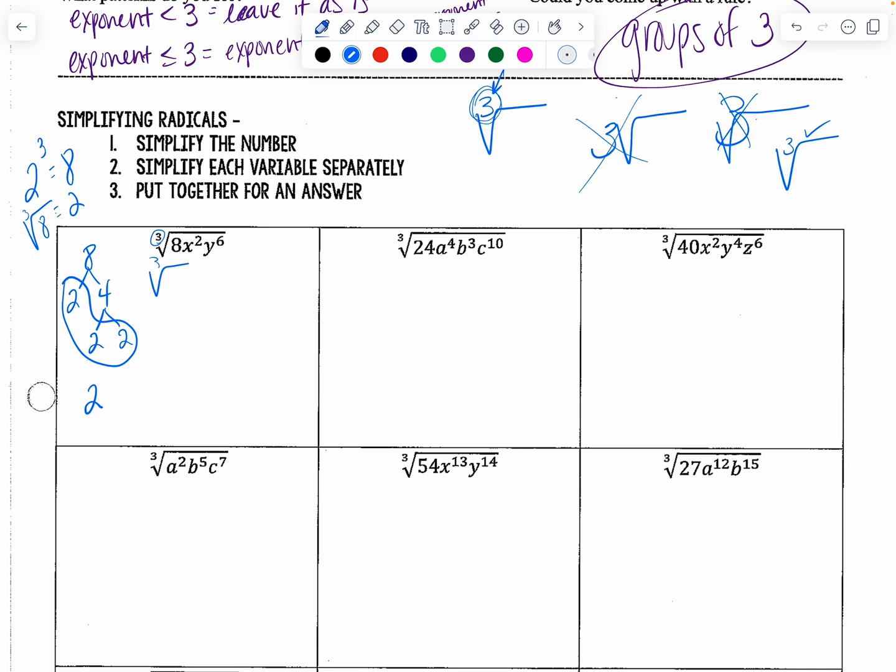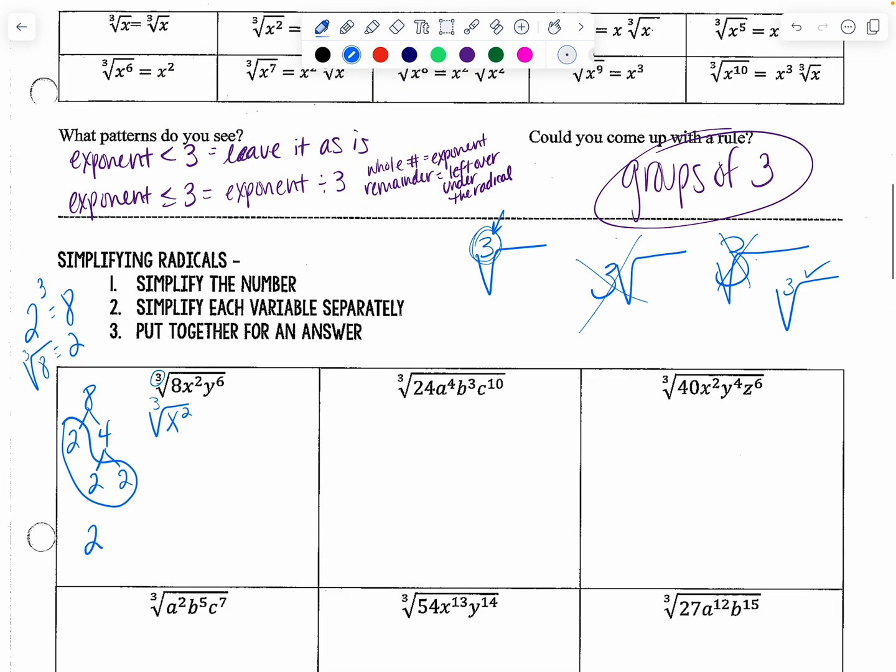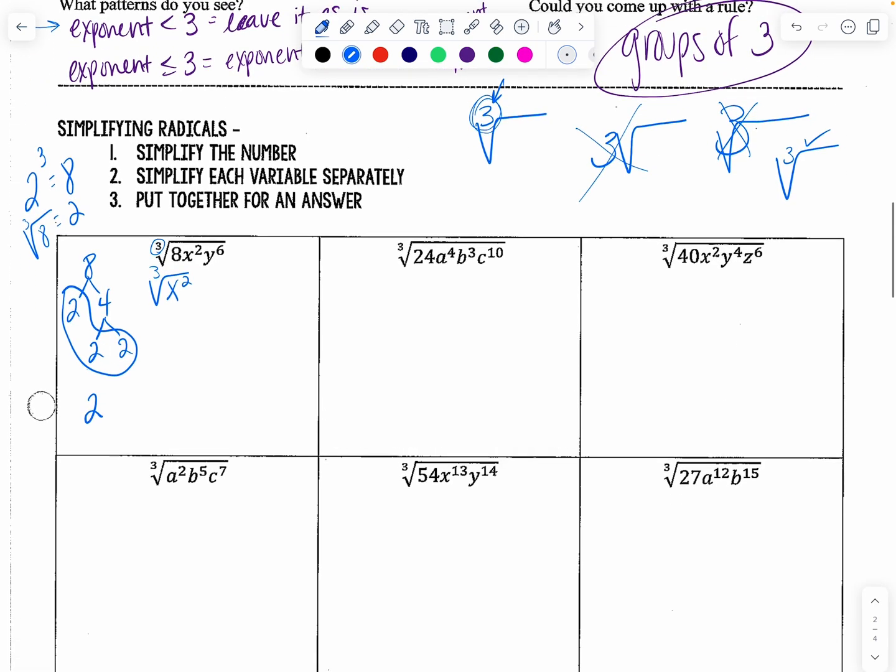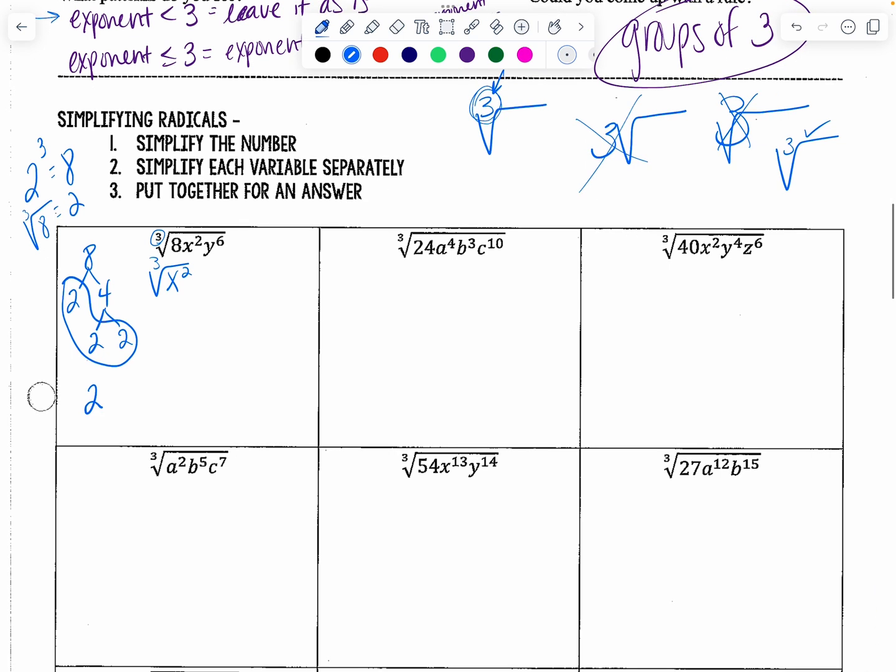All right, so then we have the cube root of x squared. Before we said that if our exponent was smaller than 3, then we're just going to leave it. So we leave this exactly as is. There's nothing I can do to simplify that. And then here we have y to the 6. We can think of this 2 different ways. You can do the division thing, and this time instead of dividing by 2, we divide by 3. So 6 divided by 3 gives me 2 with none left over, which means I have y squared on the outside.